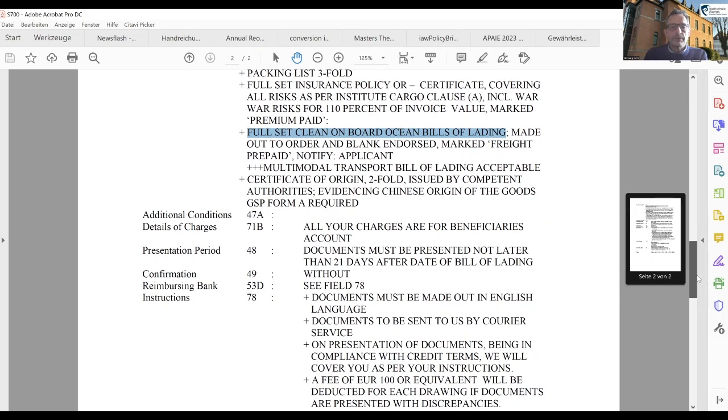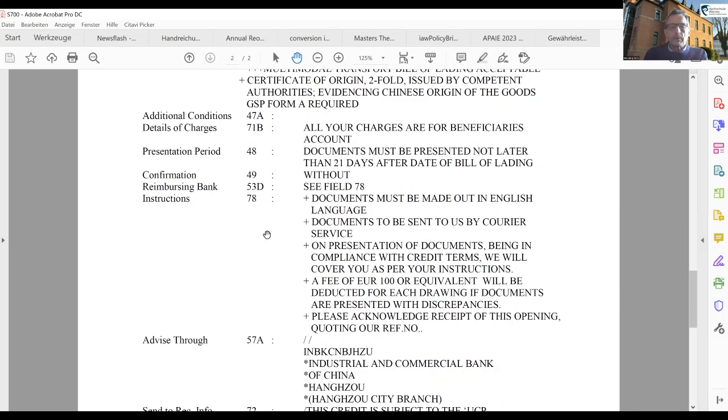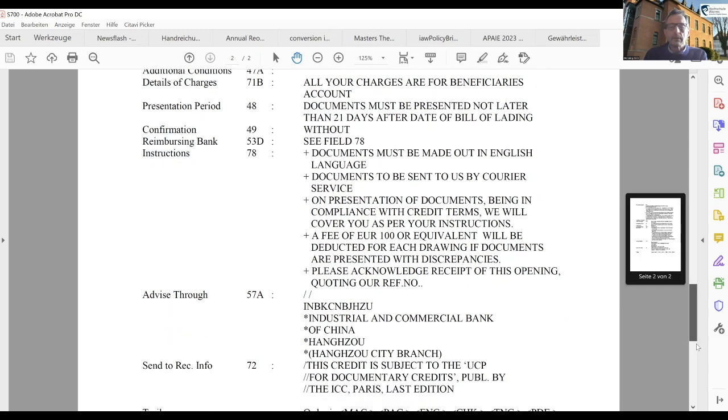Then here are some other things to be organized. In that special case, documents must be made out in English language and so on. But that's not so important here in our case.